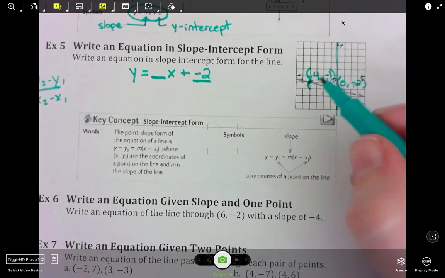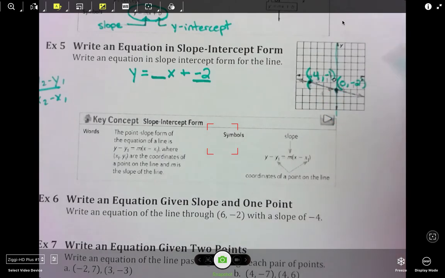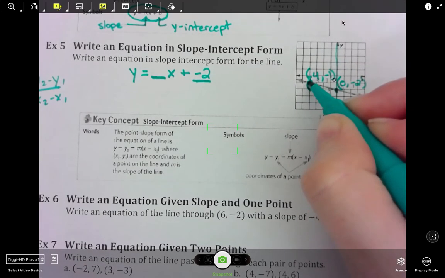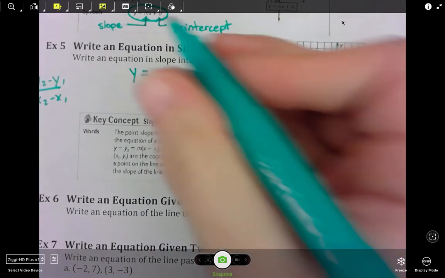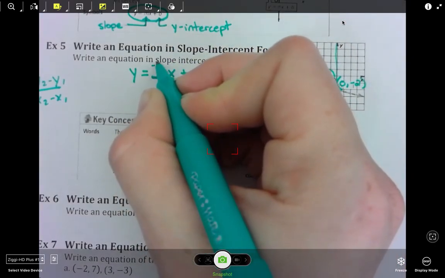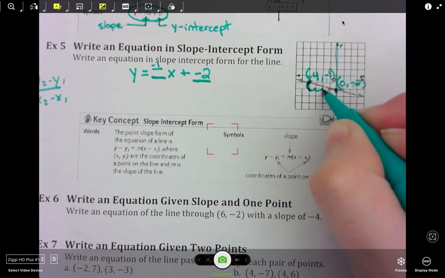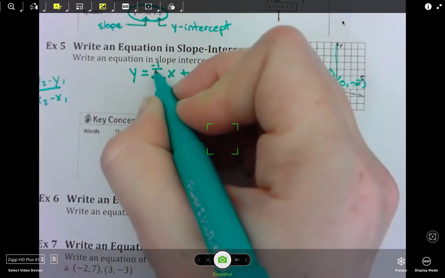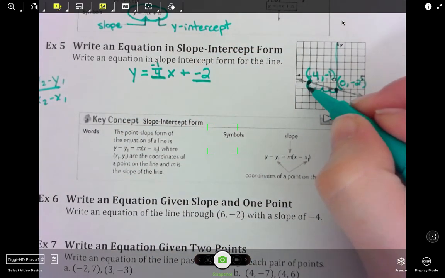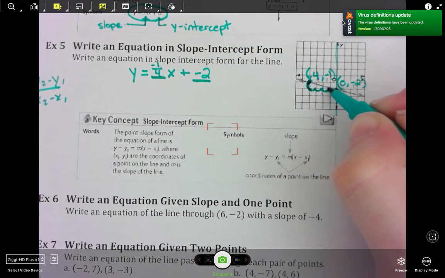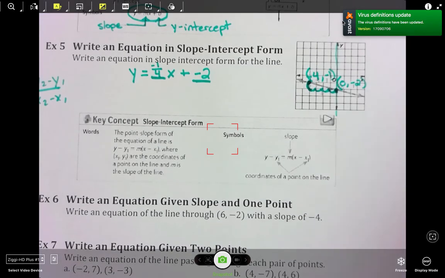If I look at these 2 points that I've labeled, it's actually going down 1 value, which means that my slope is going to be negative 1 over, it's running 4 units. So 1, 2, 3, 4, so negative 1/4. It's going down 1, and the run is 4 units.